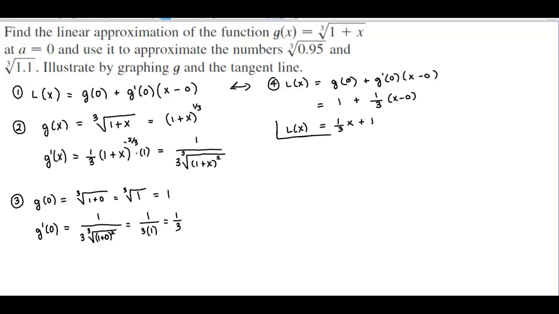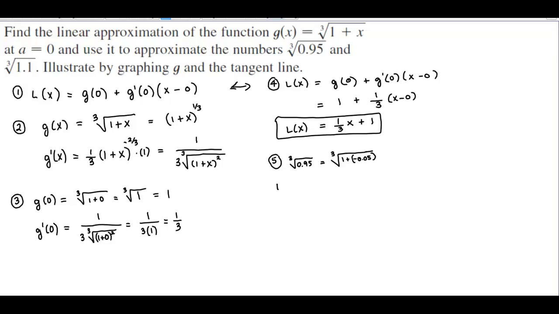Okay, so now that we found that, we want to approximate the number the cube root of 0.95. If we have the cube root of 0.95, we know that's the same thing as the cube root of 1 plus negative 0.05.